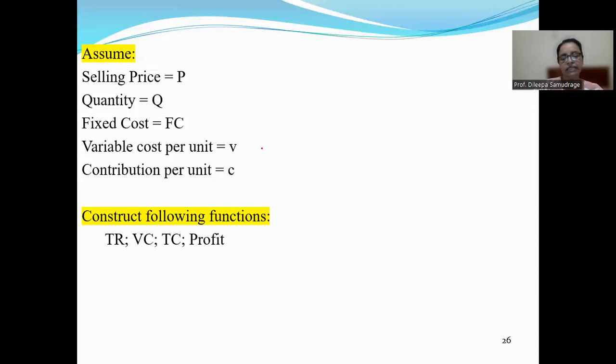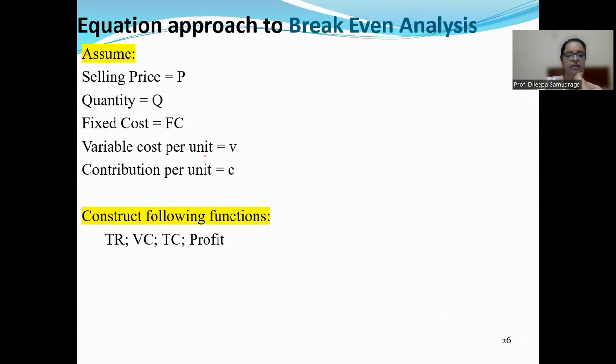Construct the following functions. TR. So TR you can write like this, P into Q. Then the next, variable cost.